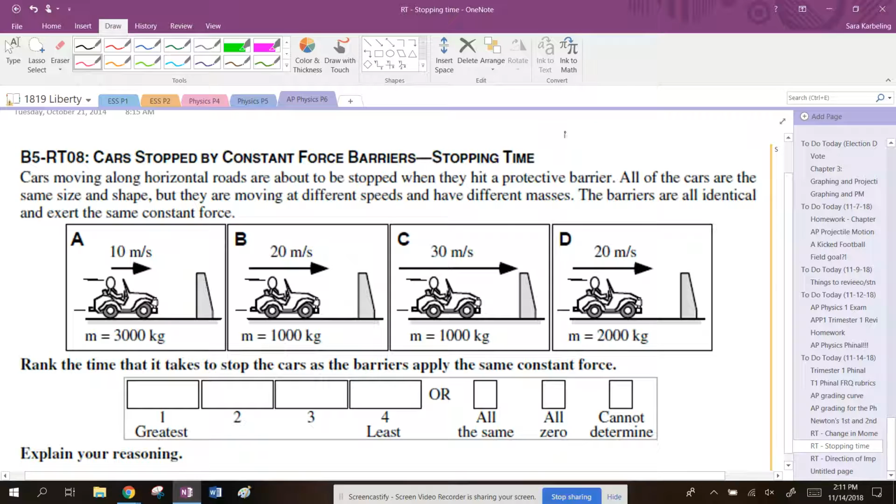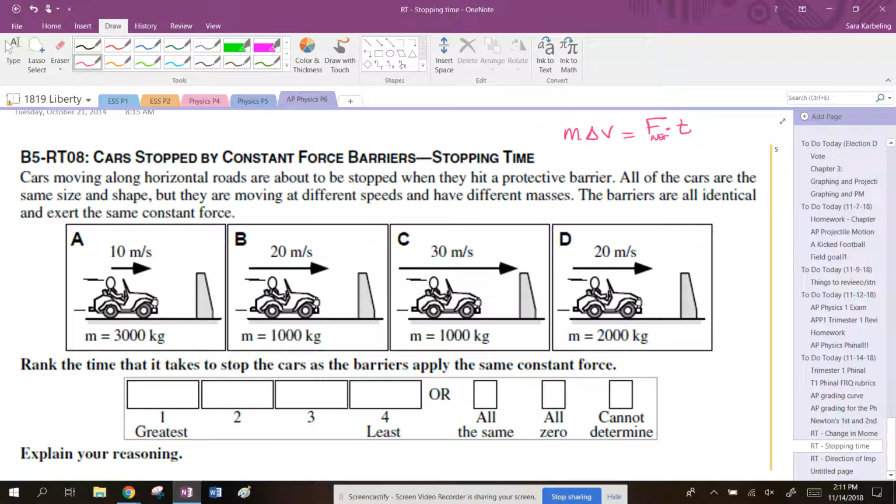So you've got M, delta V is equal to F times T. So the F net is going to be the same, right? We're ranking the time, so what do you need to do? Divide by F?